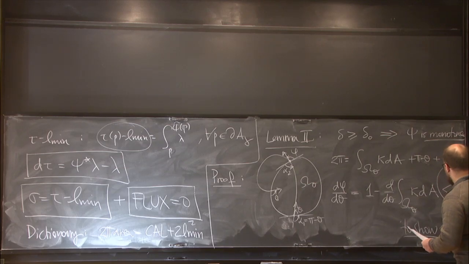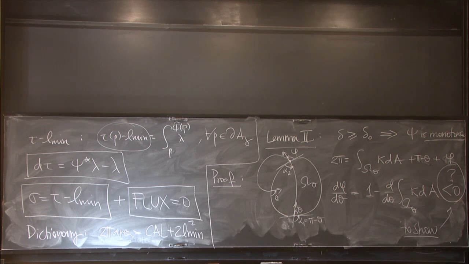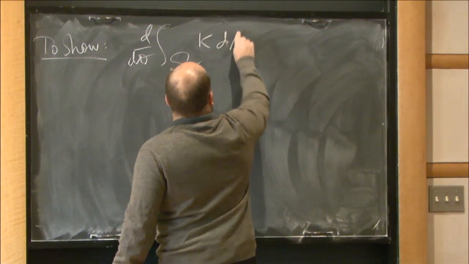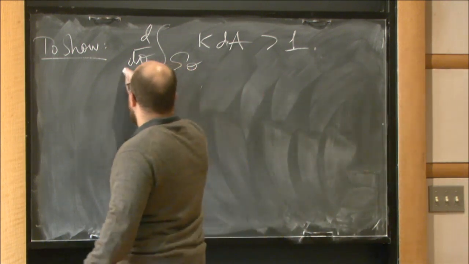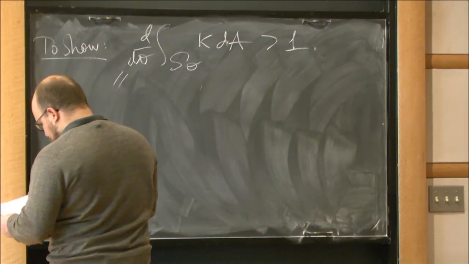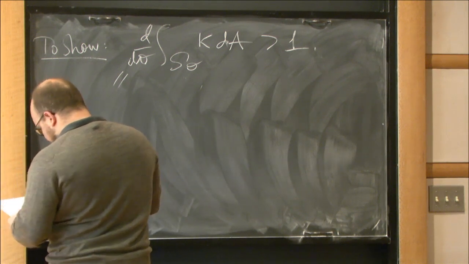So the first step here is to differentiate this expression. We want to show that this is bigger than 1. So if you differentiate this, you work a little bit.